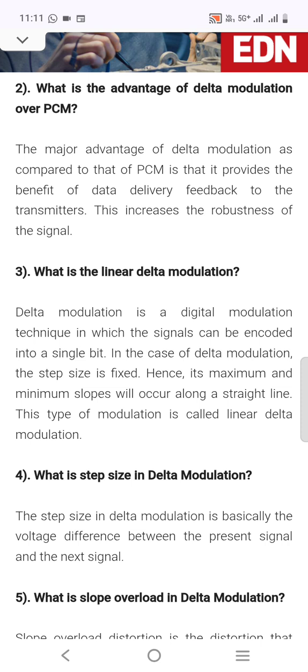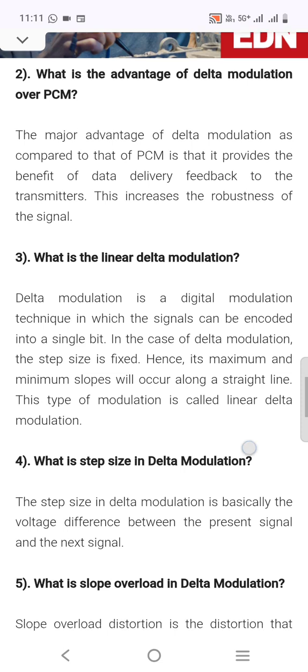Linear delta modulation: it is also one of the digital modulation techniques in which the signal can be encoded into a single bit. In case of delta modulation, the step size is fixed.